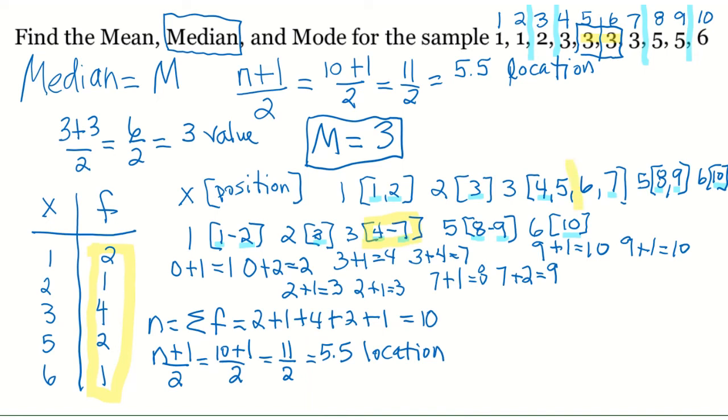It's going to land right here in between the 5 and the 6, which tells me that 3 is going to be my middle value. Okay, so those are two different ways that you can solve for the median, which is the middle data value position.